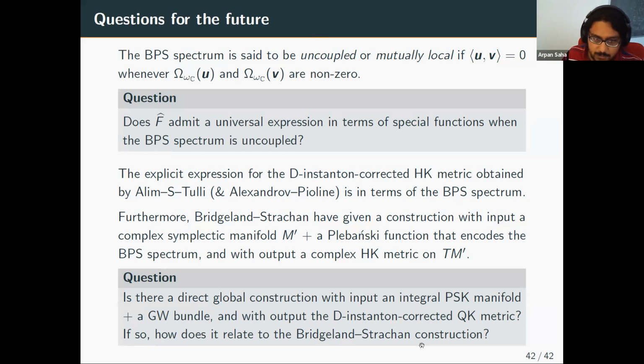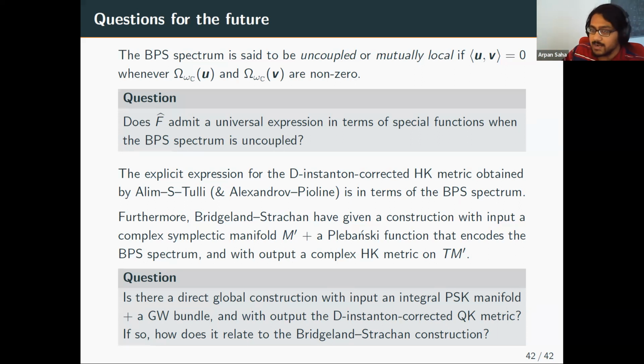The second question is, is there a direct global construction like we had for the version of the C map without D-instantons, but which generalizes to the D-instanton corrected case as well? So the idea is that we expect there to be a global construction whose input is a PSK manifold, along with a Gromov-Witten line bundle and the Gromov-Witten partition function, and it will output a D-instanton corrected quaternionic metric.